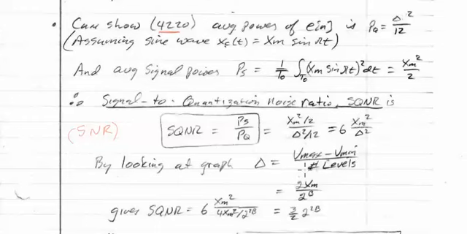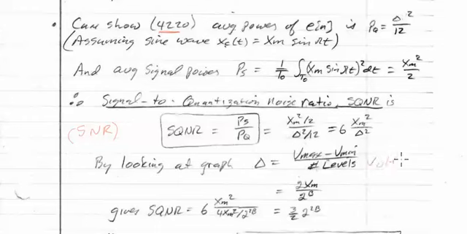We can get a little further with this. If you remember that the maximum and minimum voltage range at the input to the quantizer, Vmax minus Vmin, is the peak to peak voltage. If we divide it by the total number of levels that we have, that gets us this step size value in volts.